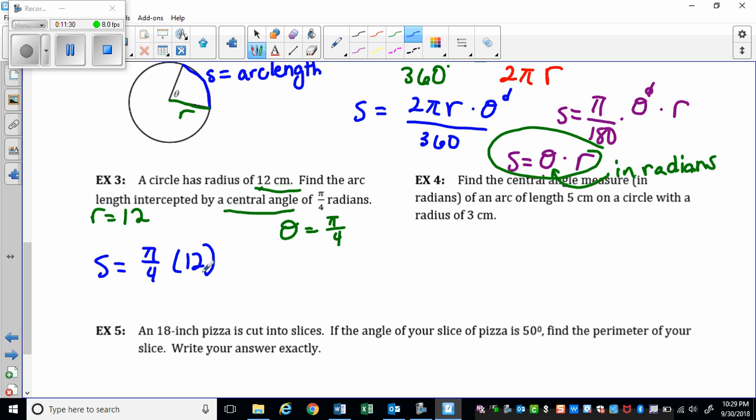That's it. You can simplify this if you would like to. You know that 4 goes into 12 3 times. So S equals 3 pi. We usually like to leave it like this in terms of pi, especially if it's a good number, like 3 centimeters. That's it. I want you guys to try the other ones.